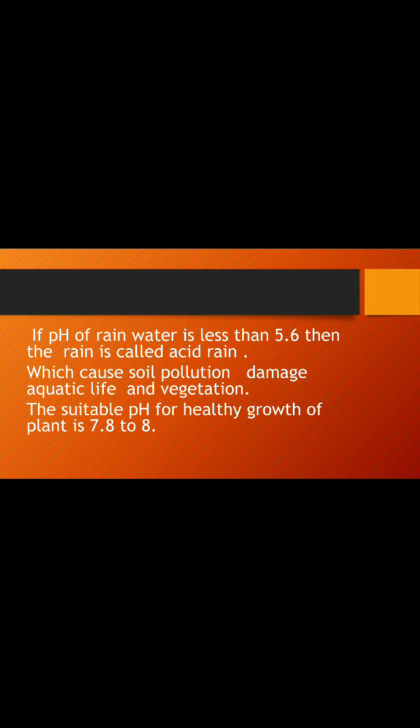So for healthy growth of crops or plants, the soil should have a pH ranging from 7.2, 7.8 to 8.